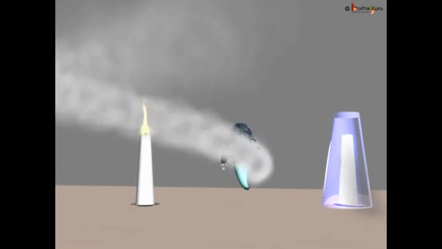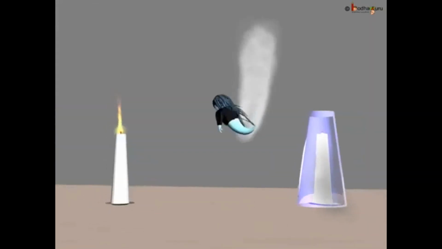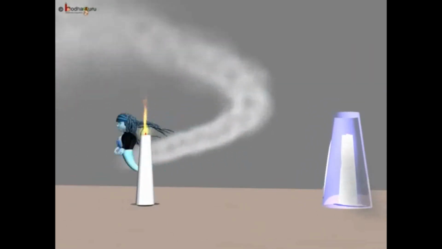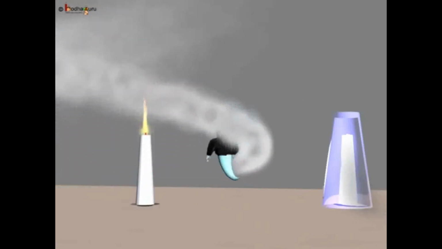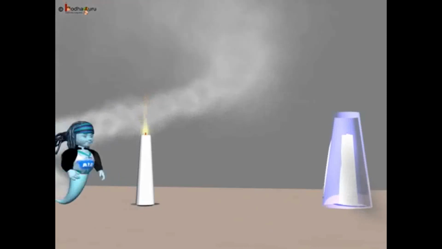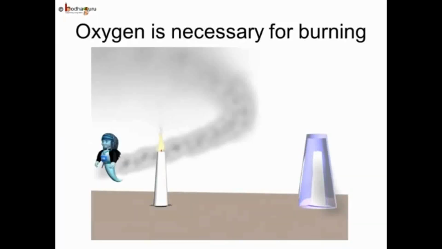And the other candle, which airman keeps encircling, gets its oxygen supply from the airman. And it continues to burn. So we see oxygen is necessary for burning and airman provides the oxygen. So, not just for breathing, oxygen is also necessary for burning.